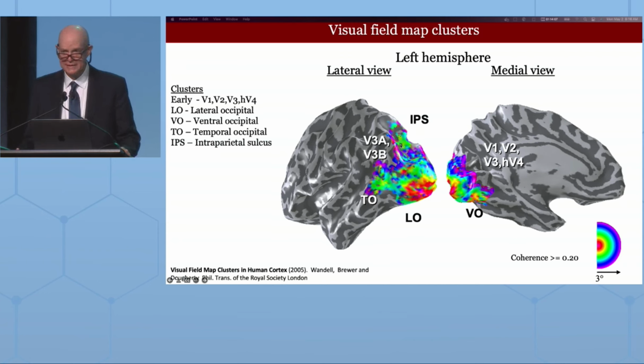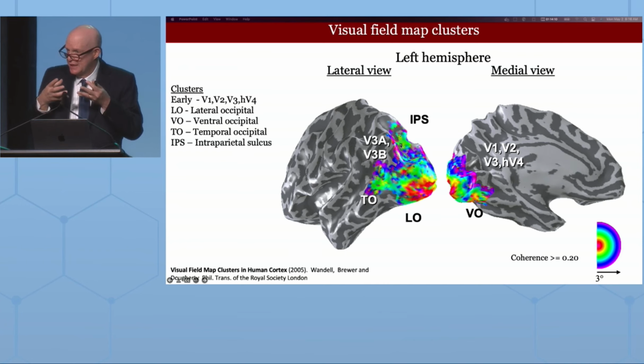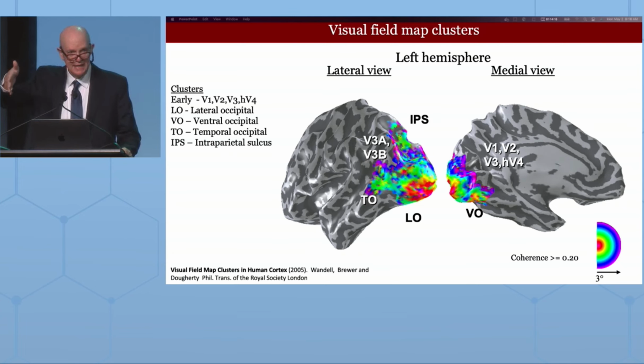So that visual cortex, we've learned, is structured into a set of clusters of maps, each with its own eccentricity representation, and each one can be subdivided into multiple visual areas.